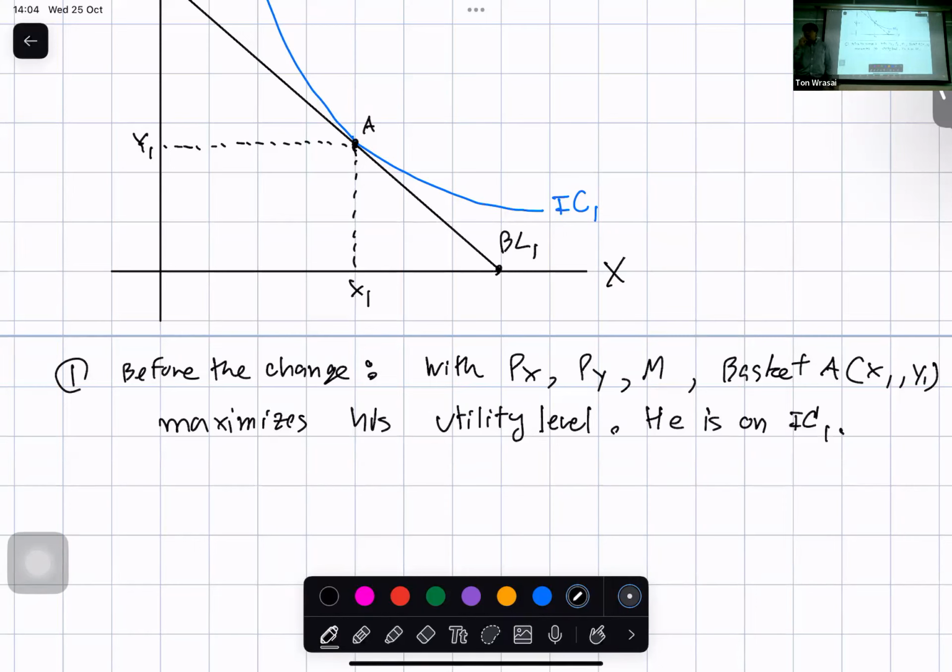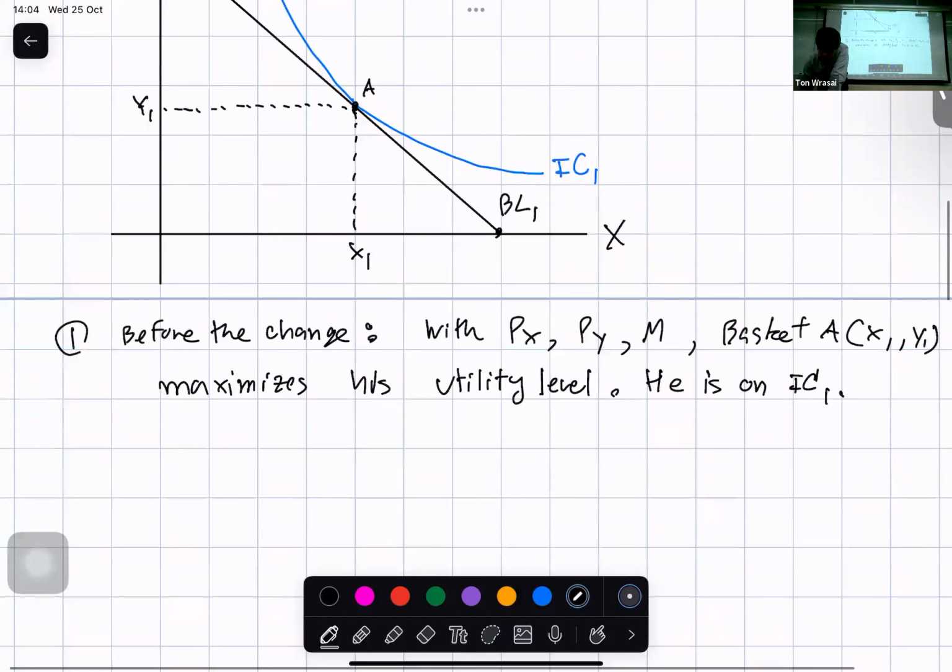He is on indifference curve 1. Next, he gets an attack. The price of pizza goes up.